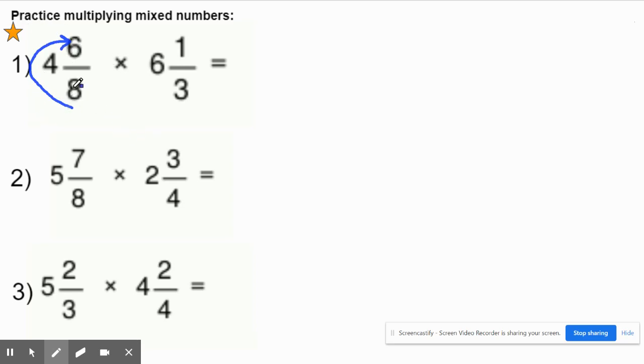So the first step is to multiply the denominator by the whole number. 8 times 4 gives me 32. And 32 plus 6 equals 38, okay? So now my first fraction becomes 38 over 8.